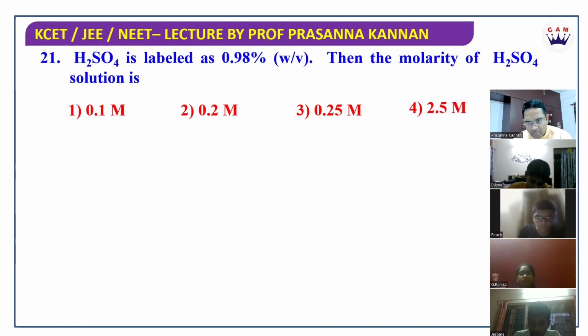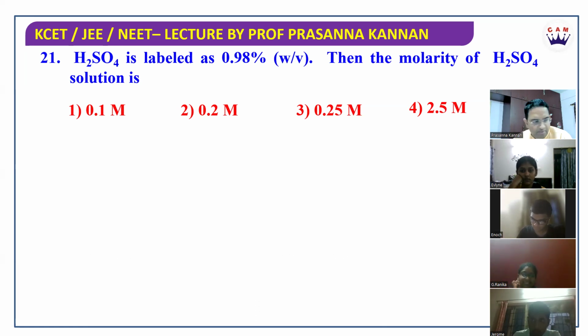Weight by volume is 0.98%. What is the meaning of that? How much of sulfuric acid? 0.98 grams of sulfuric acid is present in 1 liter solution.